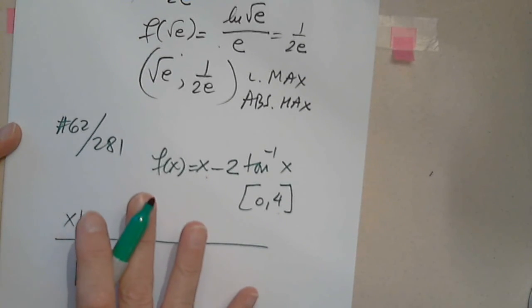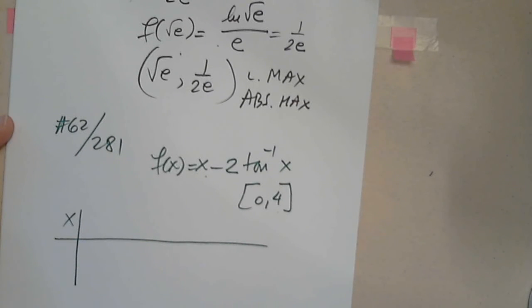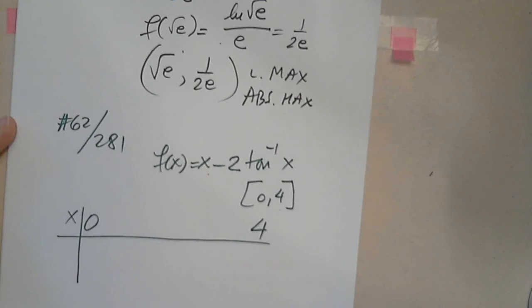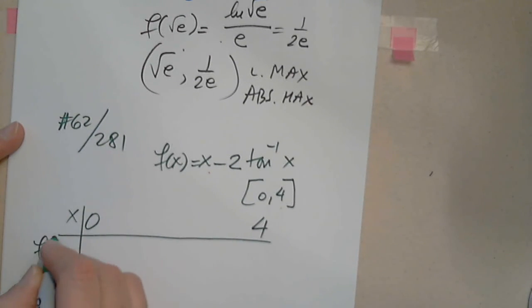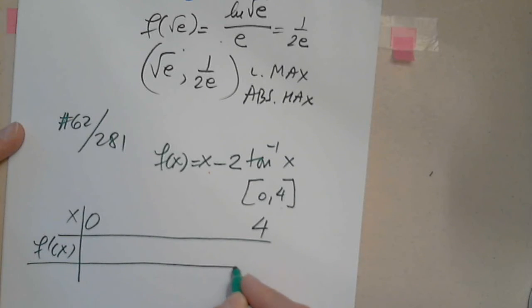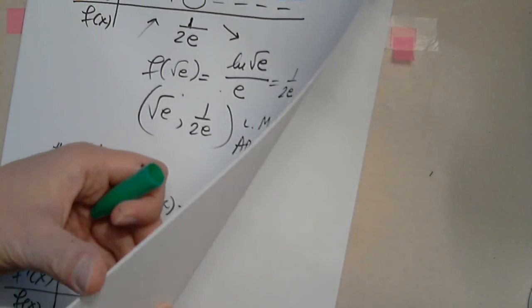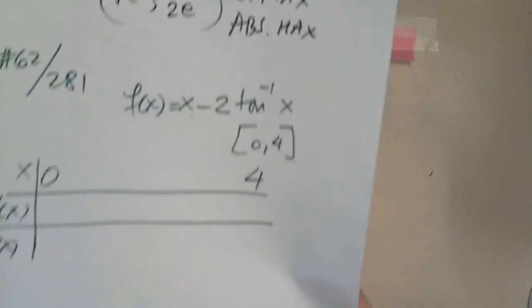This is a different type of problem. It's asking us to find max, min of this function on a closed interval. I don't have to worry about the domain or anything. This is given to us, and it will not be a tricky question.